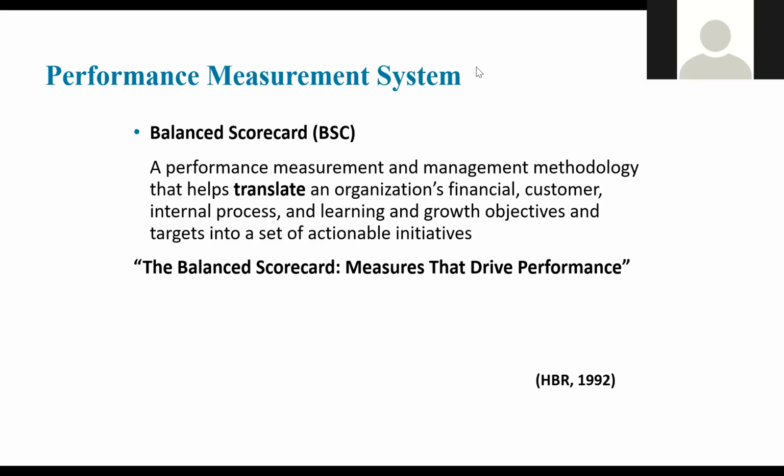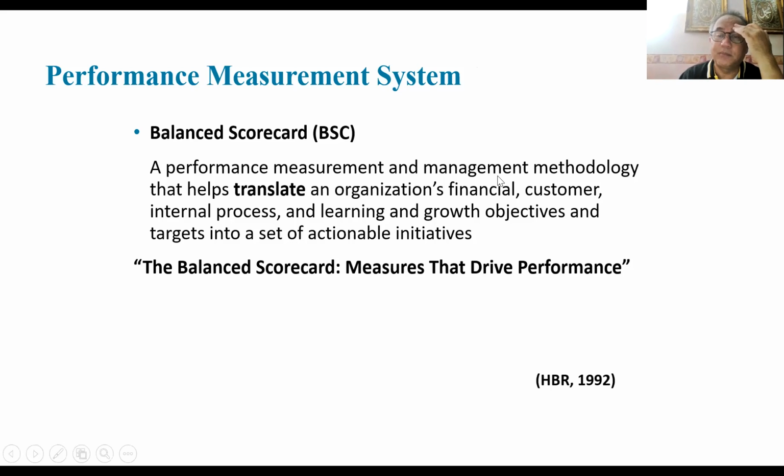For Kaplan and Norton, they only look at four components: financial, customer, internal process, and learning and growth. So they have one financial and three non-financial. Most of the time measurement will be financial, of course, but besides financial, you need to look into customers.